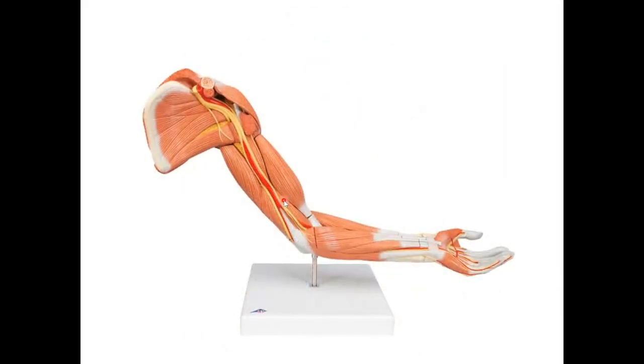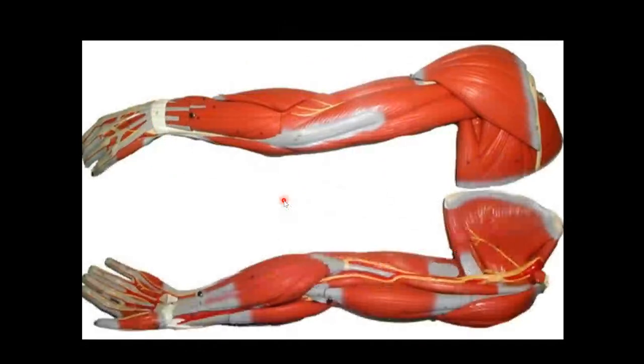this right here is a view of the medial aspect of the left arm. If we look over here, this top diagram is the lateral aspect of the left arm.